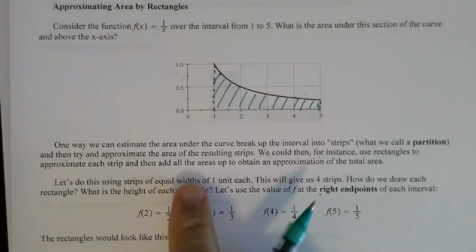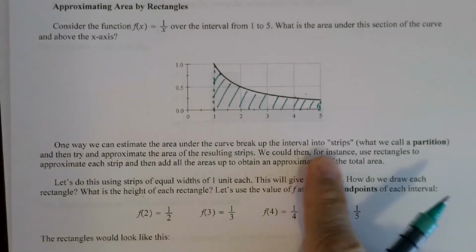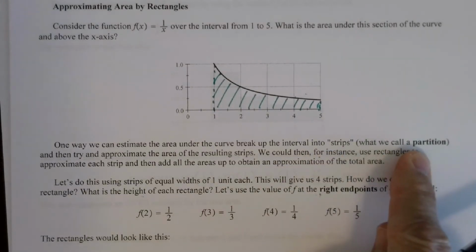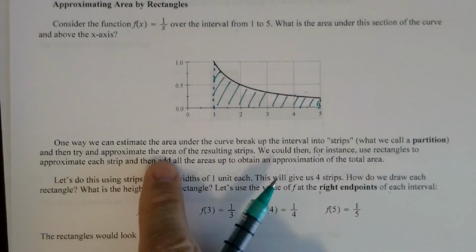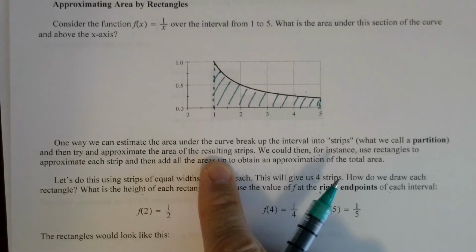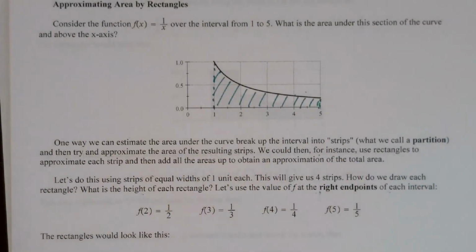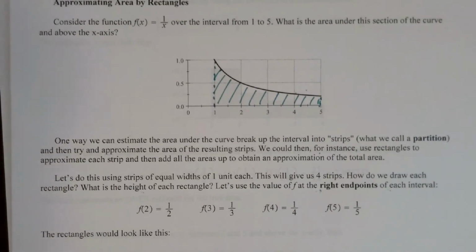So one way to estimate the area under the curve is to break up the interval into strips, right? These strips are what we call a partition. It's the mathematical word for it. And the strips are subintervals. And then we try to approximate the area of each of the resulting strips. So for instance, we can use rectangles to approximate each strip. So here's the idea.